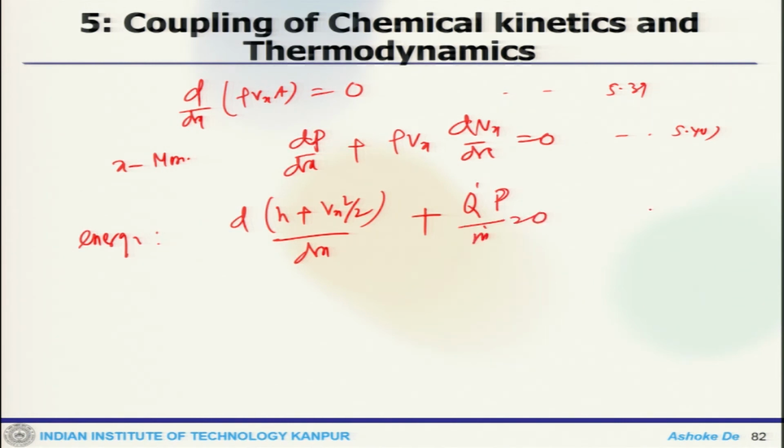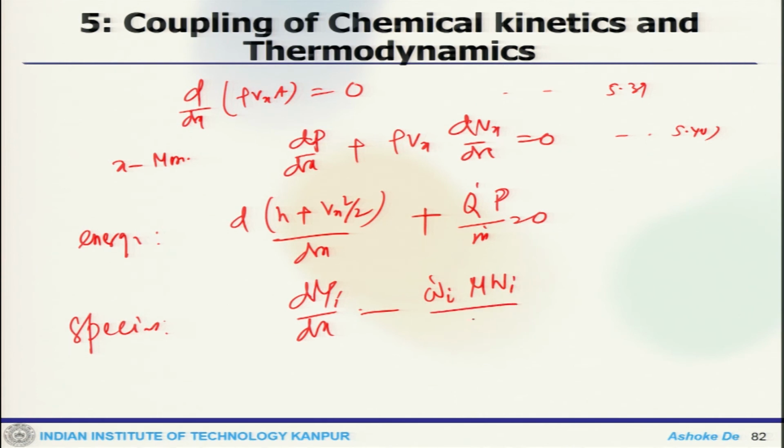So, Vx is the axial velocity, P is the local perimeter, and species conservation gives dyi by dx minus omega dot i molecular weight i by rho Vx equals 0.